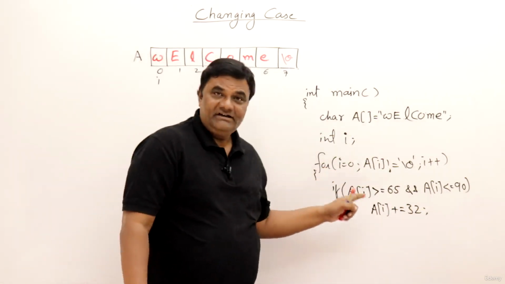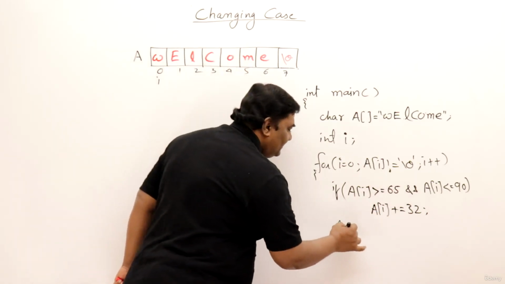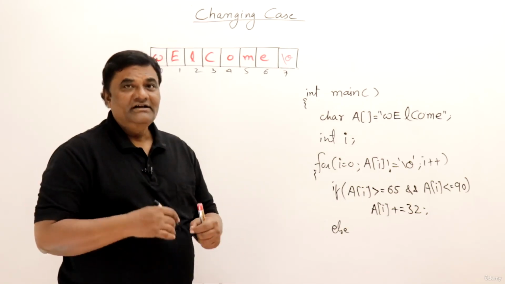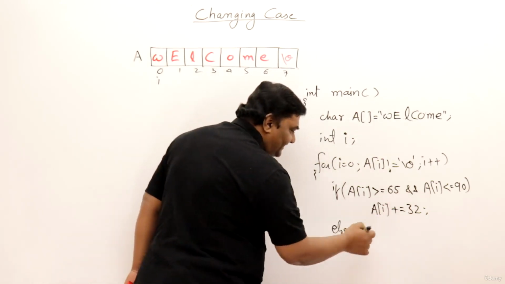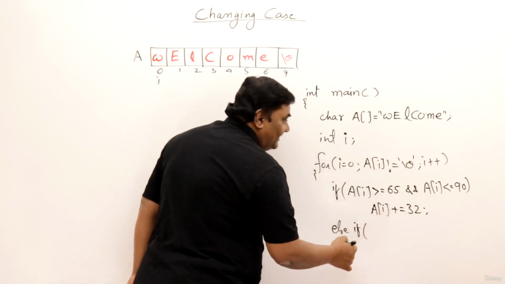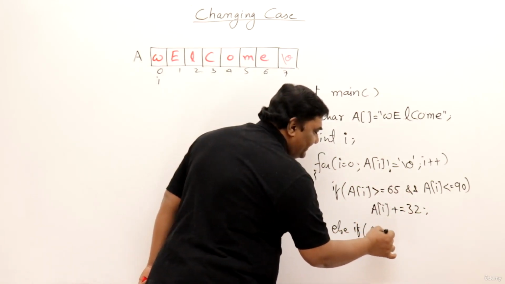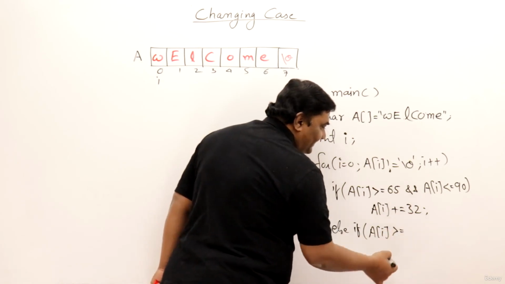If it is not uppercase, else check if it is lowercase. If it is lowercase, then change it to upper by subtracting 32. So I should not simply write else, I should check the condition that if it is lowercase. When it is lowercase, if it is between 97 and 122, so greater than or equal to 97.